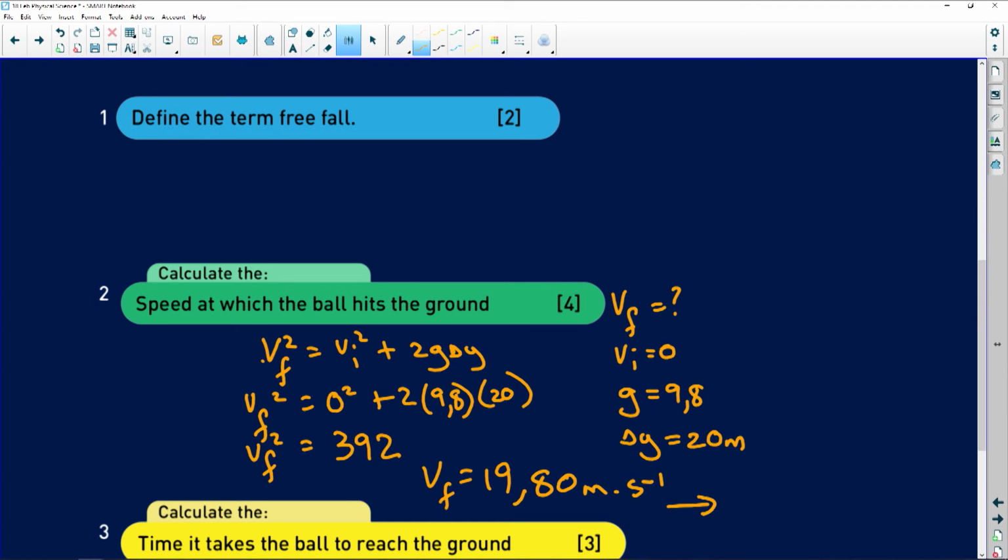Now, what I saw on my calculator is that it gave me my answer as a surd. Please remember, you may not leave your answer as a surd. So you can't say 4 square root 10 or whatever the case is. You have to give your final answer to 2 decimal places. So remember, it's always important to read the front cover of your information sheet.